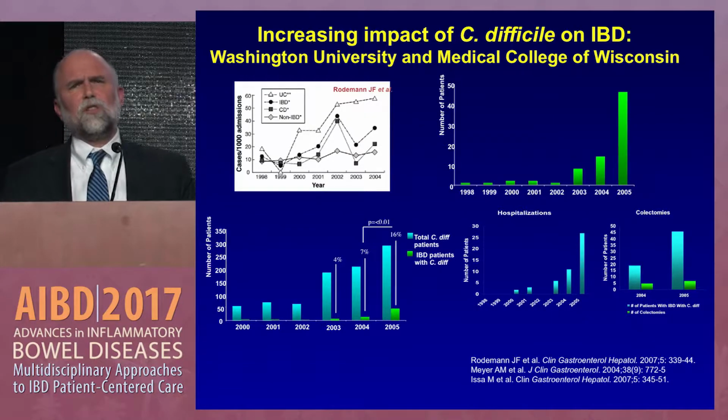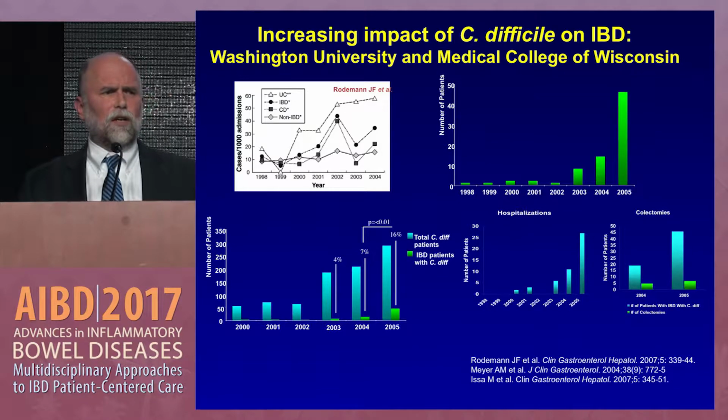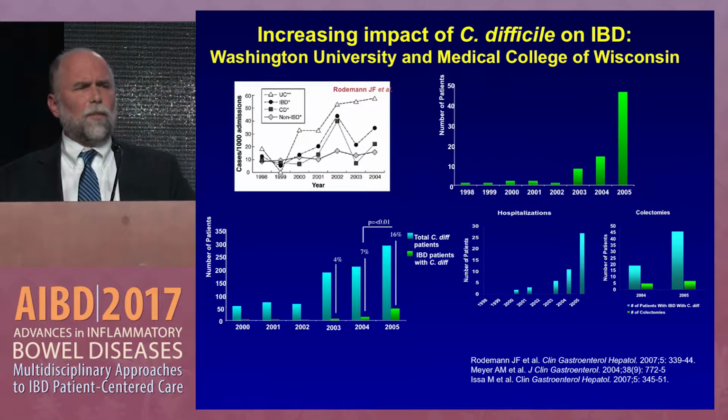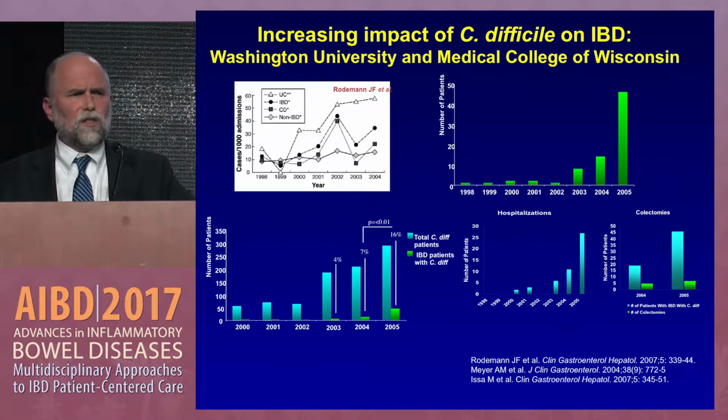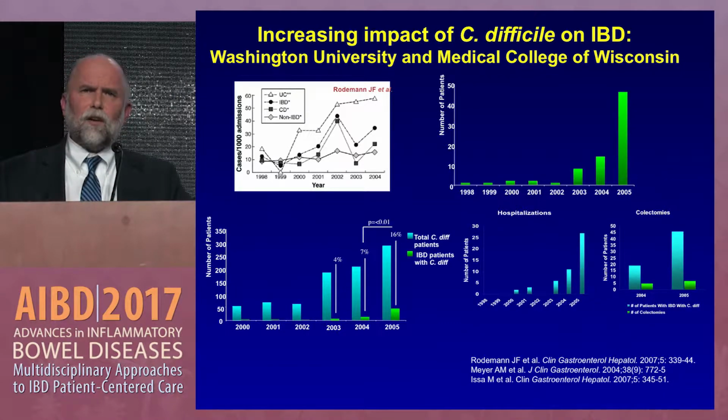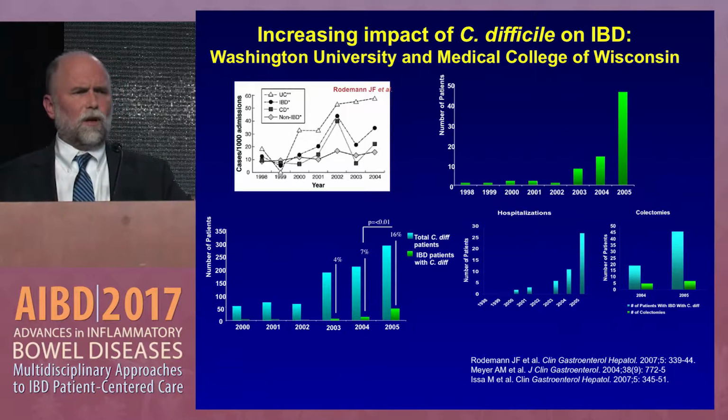There were 2 institutions that had back-to-back papers in Clinical Gastroenterology and Hepatology a decade ago. The group at Wisconsin, where I was at the time, and colleagues at the Washington University in St. Louis, where we saw this dramatic rise in C. diff occurring over the years in the early 2000s. And this corresponded to marked rates of hospitalization and marked rates of colectomy.